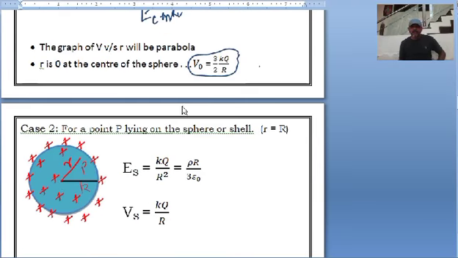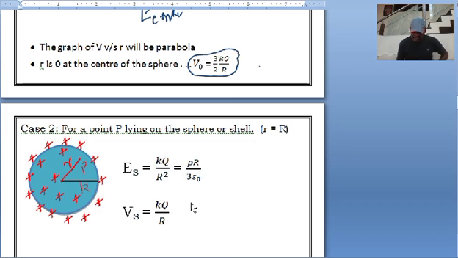If it is lying on the sphere, you have to treat that the entire charge is present at the center. All the charges are present at the center. So if you treat all the charges as present at the center, then the electric field on the surface is given by kq divided by R square, and that is nothing but rho R divided by 3 epsilon naught.